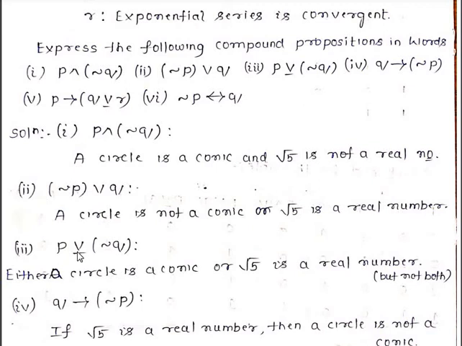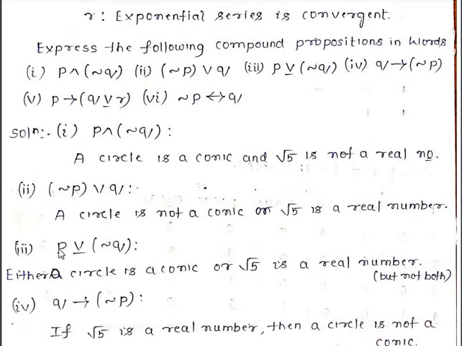P exclusive disjunction negation Q. Since you are using the exclusive disjunction, you have to use the words "either" and "or" in the appropriate places.